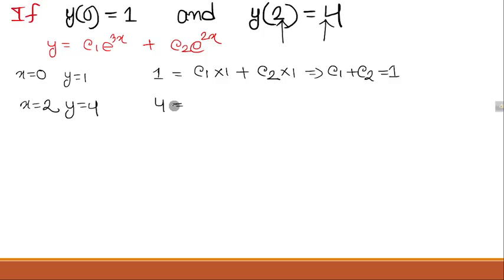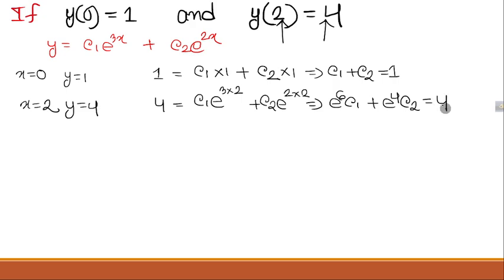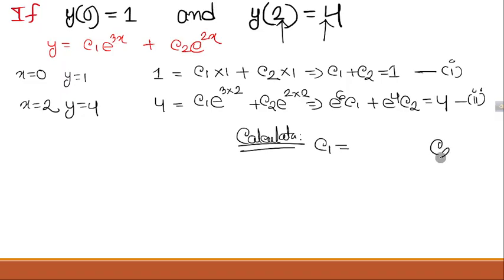So 4 is equal to c1 e to the power 3 into 2, plus c2 e to the power 2 into 2. So finally I have e to the power 6 c1 plus e to the power 4 c2. So I have got two equations, and if I solve these two equations by calculator, or however you can, you can find c1 and c2.